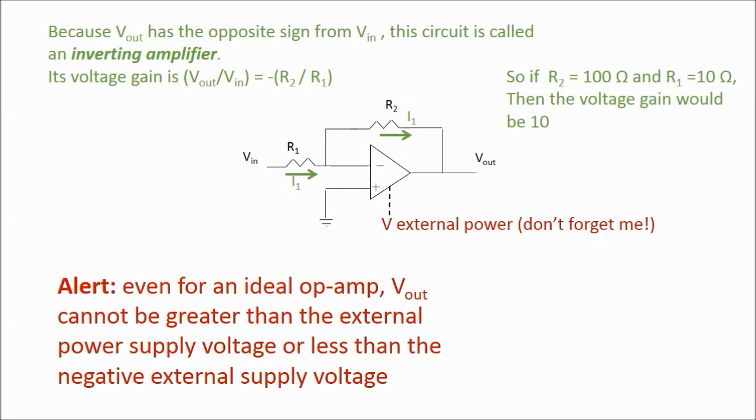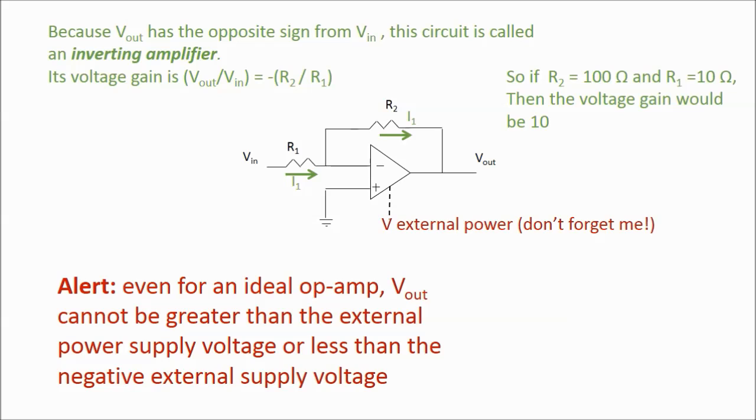Okay, now an alert, just like I said at the beginning of the lesson, don't forget the external power supply. Even for an ideal op-amp, the output voltage can't be greater than the external power supply voltage or less than the negative external power supply voltage. What that means is if I had, say, a 10 volt external power supply and I put in an input voltage of 2 volts to an amplifier that had a gain of 10, then you would think, well, 2 times 10, that's 20 volts.